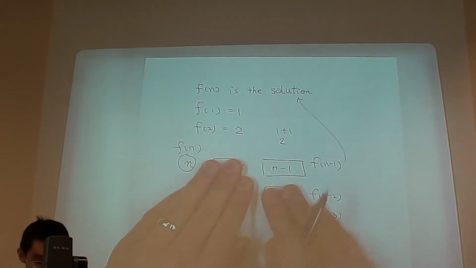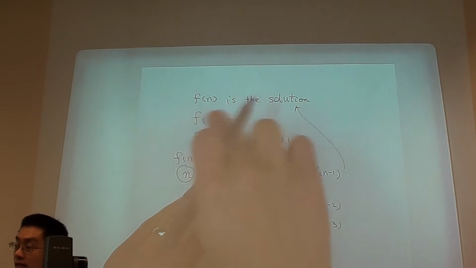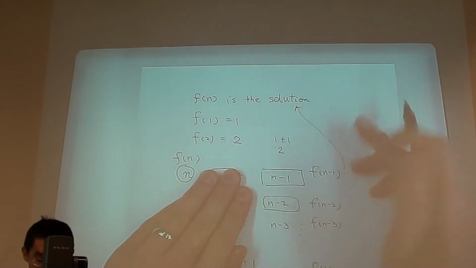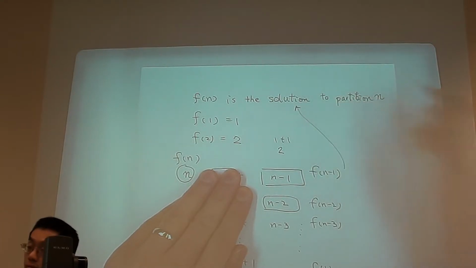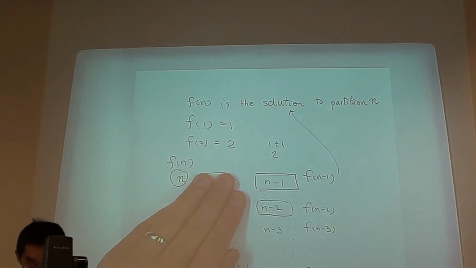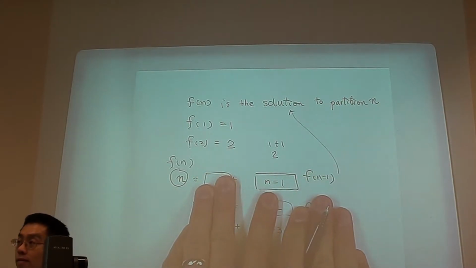By definition, f of n minus 1, because I define f of n as the number of ways to partition n. So how many ways can I partition n minus 1? f of n minus 1. Does that make sense?